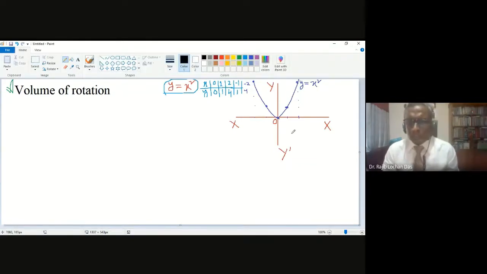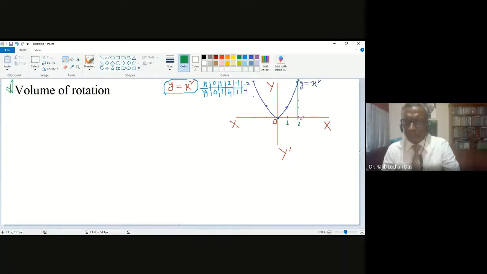This is the 0 and this is 2, 4, right? So let me use the lower limit as 0 and upper limit as 2.